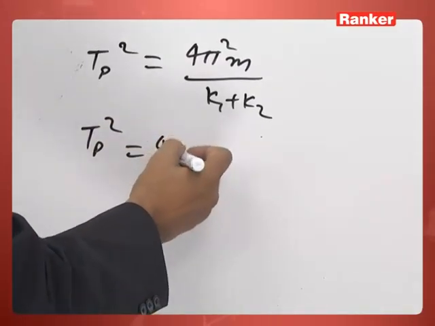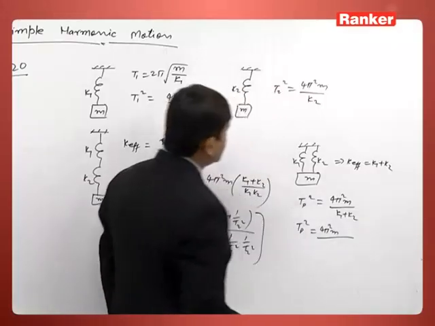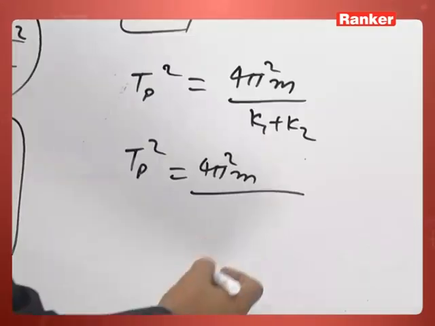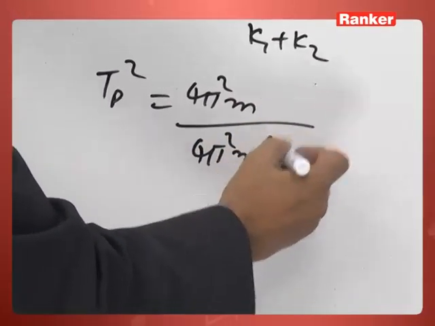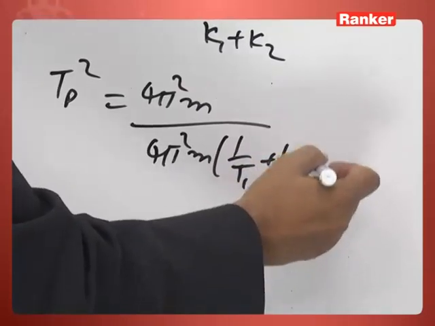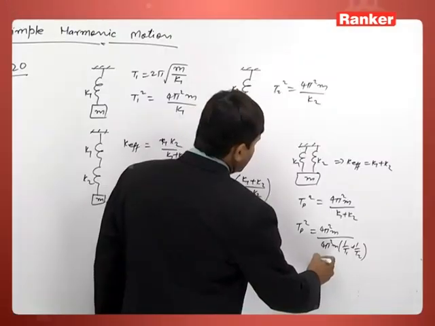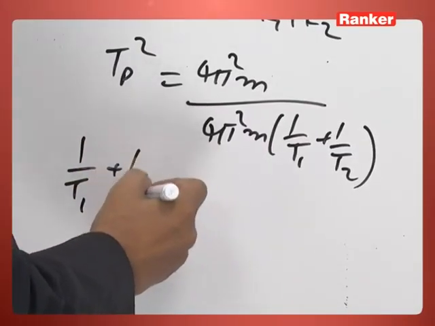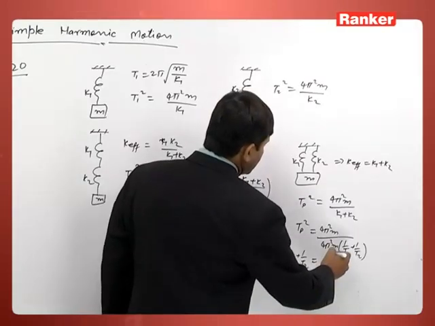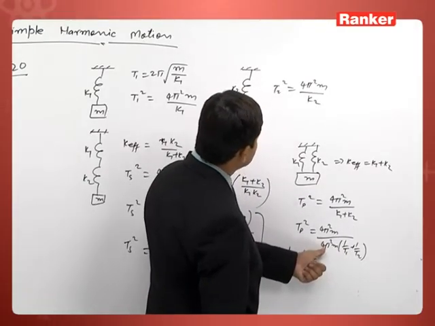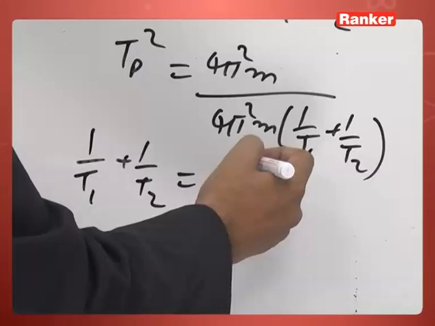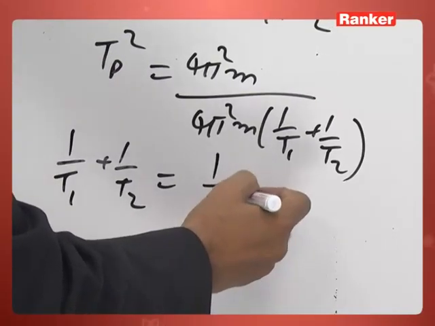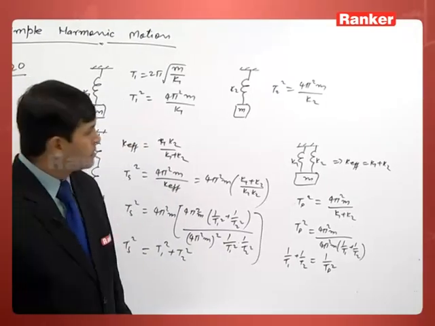So Tp square is 4 pi square m, and K1 plus K2 we can put from here. So that is 4 pi square m, 1 by T1 square plus 1 by T2 square, so this is nothing but 1 by Tp square.